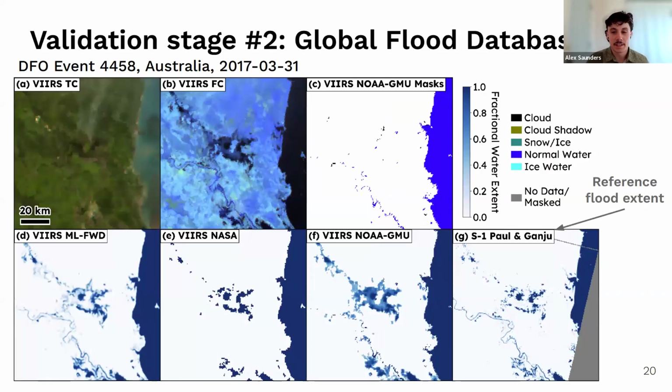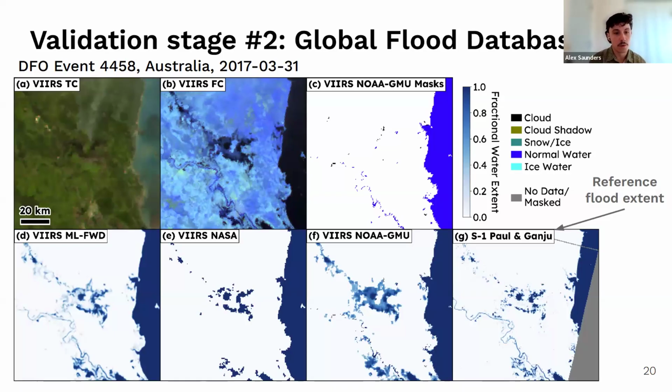So moving on to our second validation stage, this is looking at around 100 flood events from the Global Flood Database. This is just one example from Australia in 2017 associated with Tropical Cyclone Debbie. And again, to situate your eyes, the first row are the VIIRS scenes. So we have a true color image and then a false color composite made up of the shortwave infrared, near infrared and red bands.